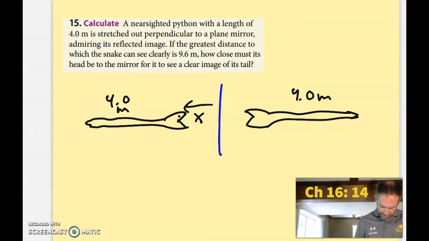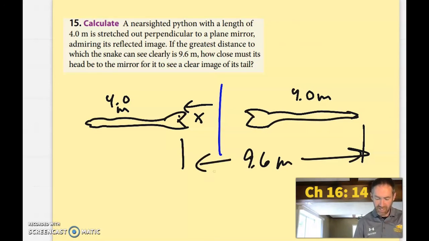Now, this right here can only be a maximum of 9.6 meters. Let's see. Now look on the inside of the mirror, I've got another X, plus I have that 4 meters. So all it is to say that how big can X possibly be?